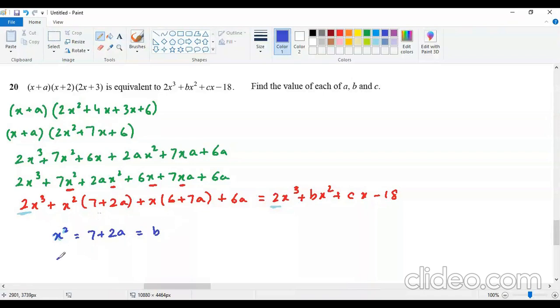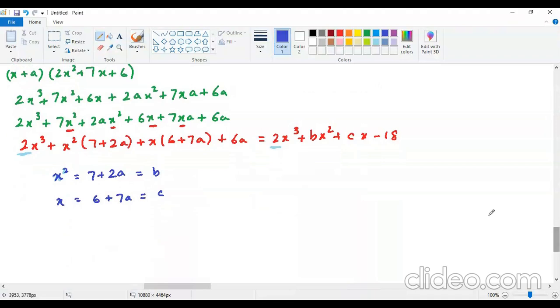And then the x coefficient, 6 plus 7a, is equal to c, and the constant value 6a is equal to negative 18.